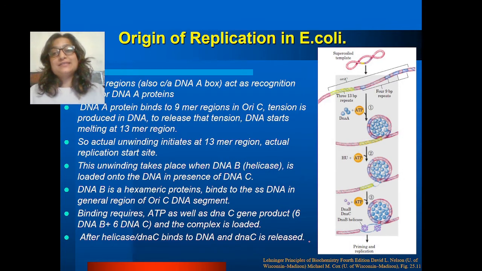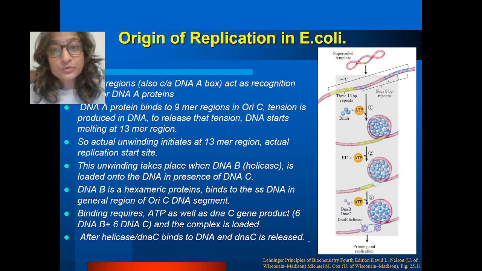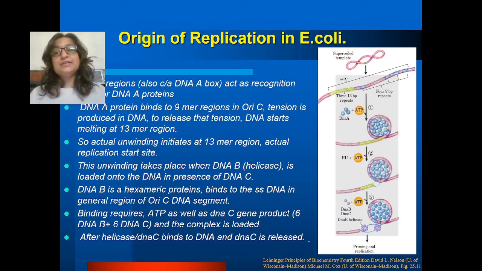Now let us understand how this origin of replication is recognized by the initiator protein and replication is initiated. So basically what happens, your 9-mer regions are also called DNA A boxes. Why?